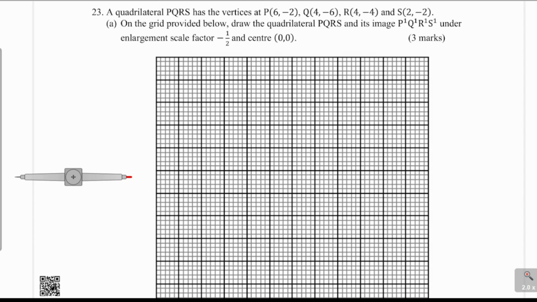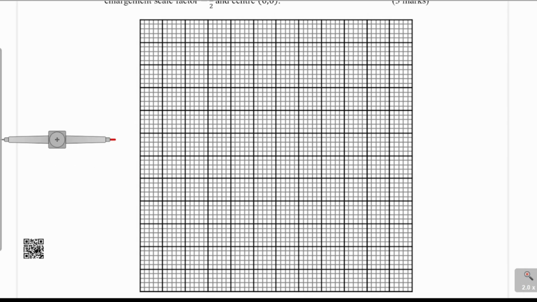The first thing you're going to do is to plot that PQRS very first. You start with P, so I'll draw the X and the Y axis. So this is the X axis, and this is the Y axis.